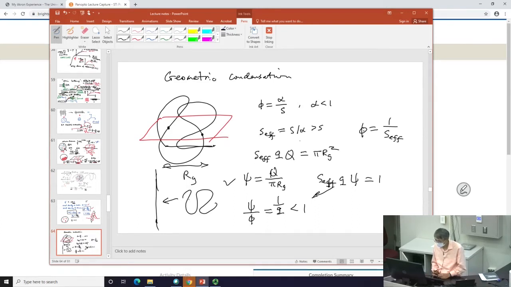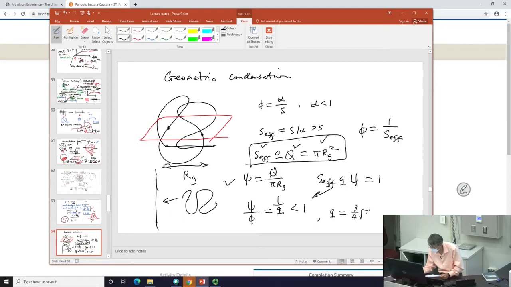And on the other hand, because we know this quantity, we know Q, we know S F, this quantity Q is nothing but 3/4 square root of 6 lambda star. And now I'm introducing this extra factor of alpha because of the fact the chains do not come to the surface all vertically.